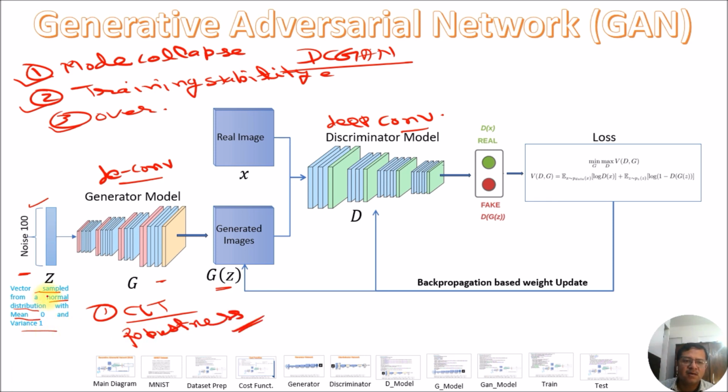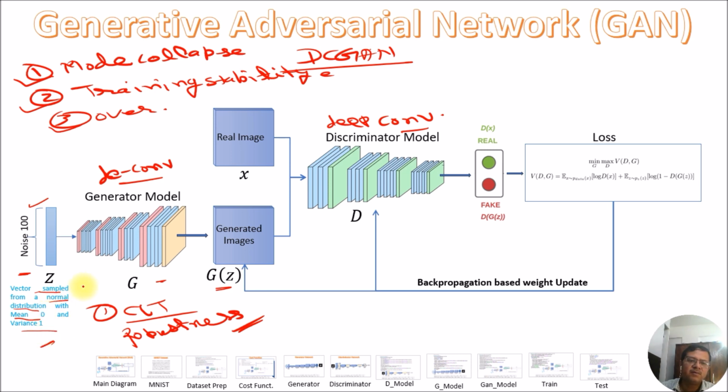Robustness means that when we take the normal distribution samples and multiply the mean and standard deviation by some scalar, then even through the generator model's operations, it doesn't leave its original characteristics. So we can maintain some characteristics. Again, why mean equal to 0 and variance equal to 1? This is very easy because we are trying to maintain some simplicity by controlling the data using mean equal to 0 and variance equal to 1.